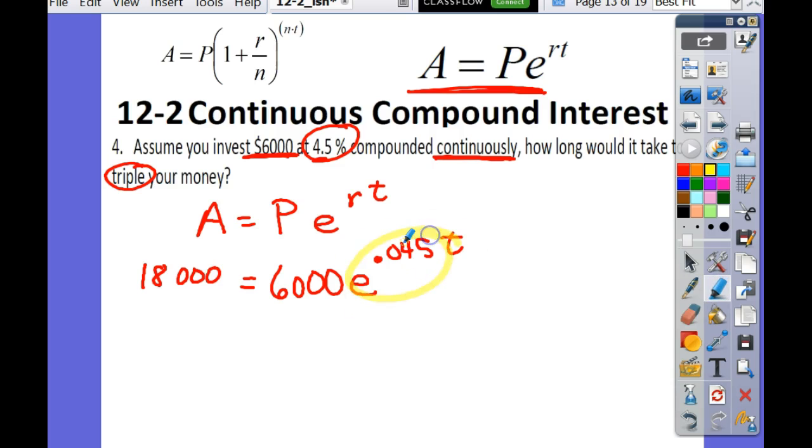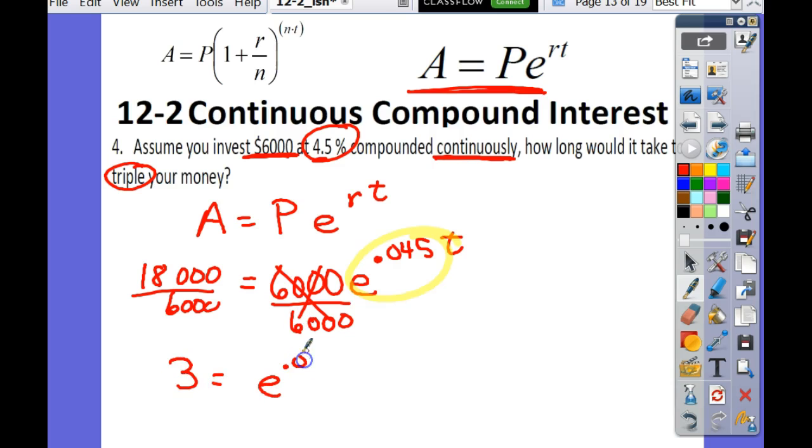To solve this, I isolate the base first by dividing by 6,000. T is what I'm solving for. T is an exponent, and that means in order to solve for it, I have to take the log of both sides. Since this problem has an E in it, I'm going to take the natural log, ln, not the base 10 log.